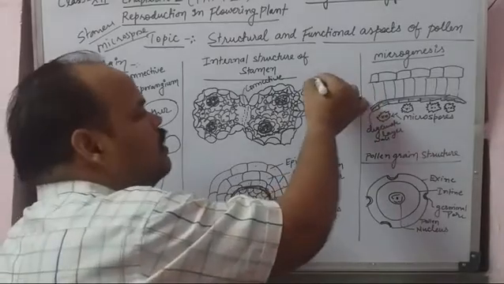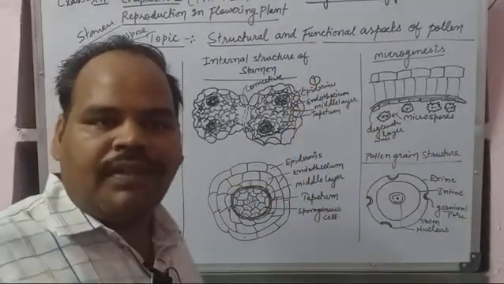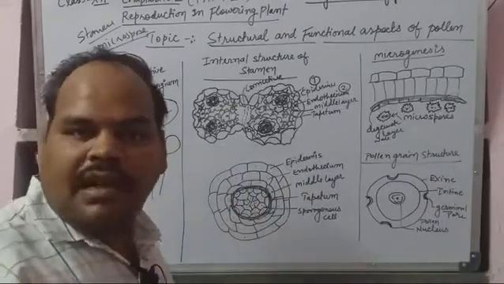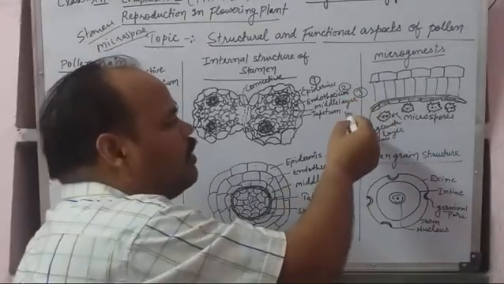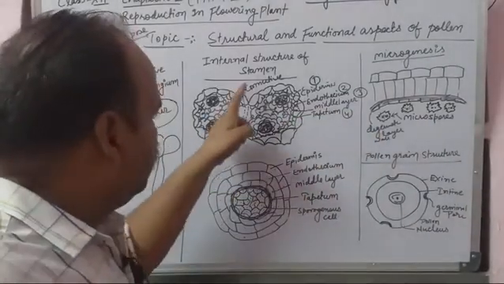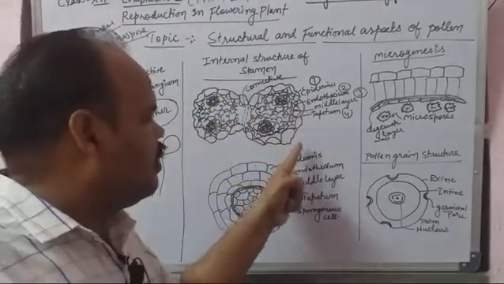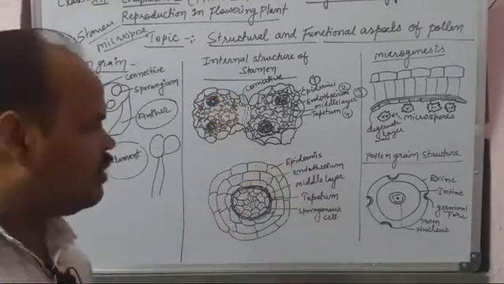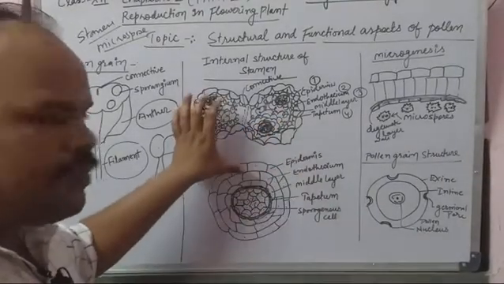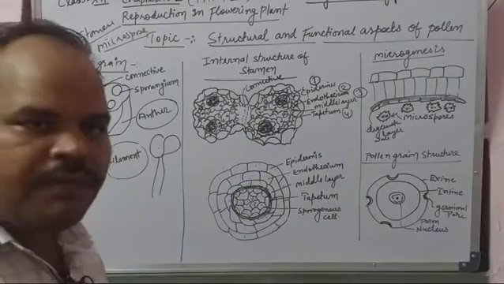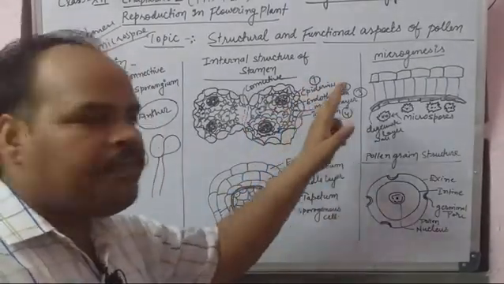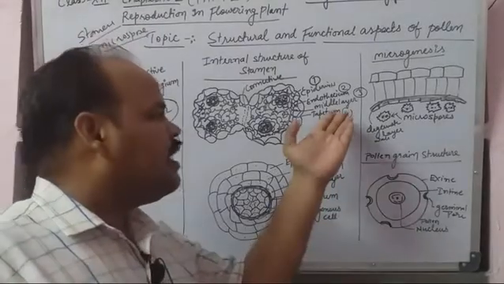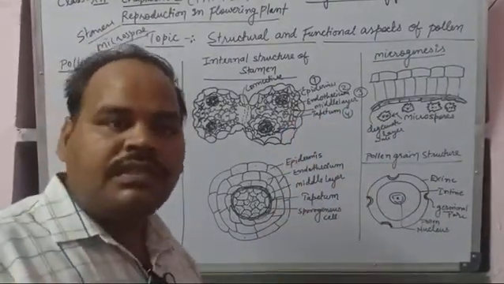First is the epidermis, the outer covering of the microsporangium, second is the endothecium, third is the middle layer, and fourth is the tapetum. These are included in the formation of the microsporangium, or the internal structure of the stamen, because there are two lobes which have four microsporangia, and every microsporangium is coated by four cell layers: first the epidermis, second the endothecium, third the middle layer, and fourth the tapetum.